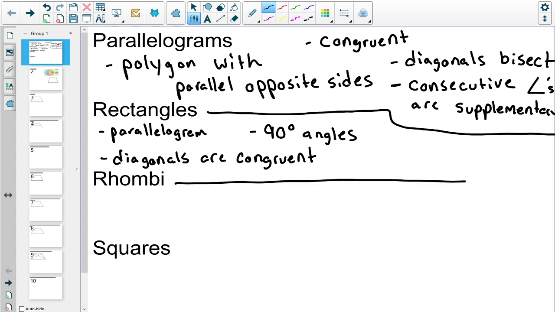Then we move on to rhombi, or rhombus, or rhombuses, whatever you want to say. Those are very similar to what we've been looking at, but they have 4 congruent sides.